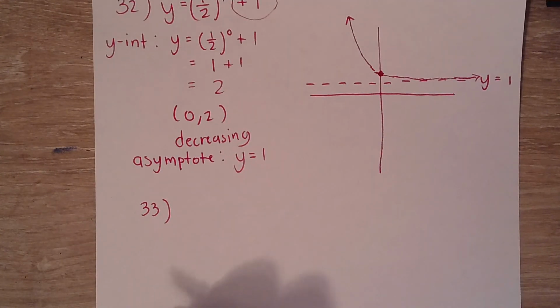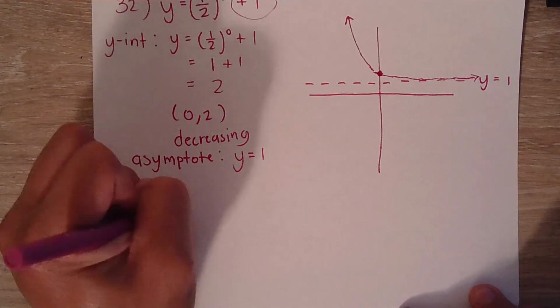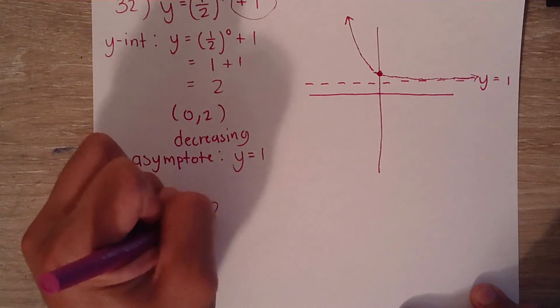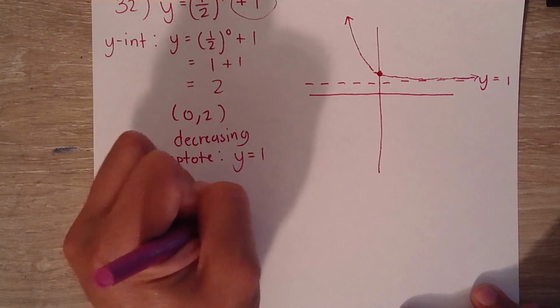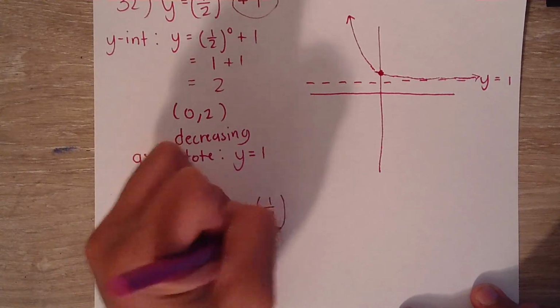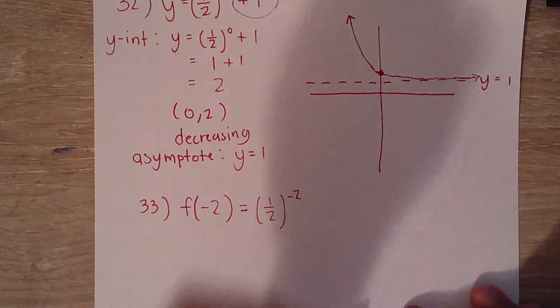All right, 33, it says a critical point on the graph is -2 comma something. This is just a fancy way of saying we want to figure out what our function is at -2. So we simply replace x with -2. All right, so 1/2 raised to the -2 power plus 1.